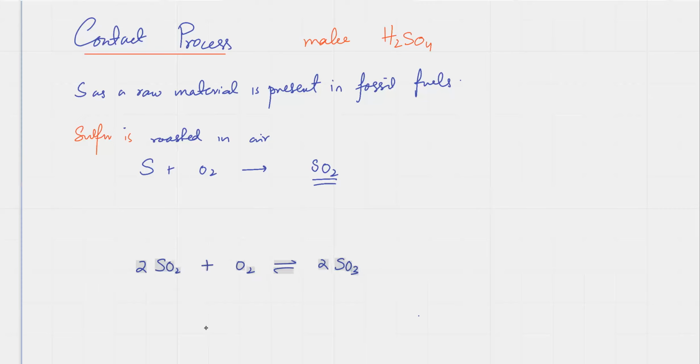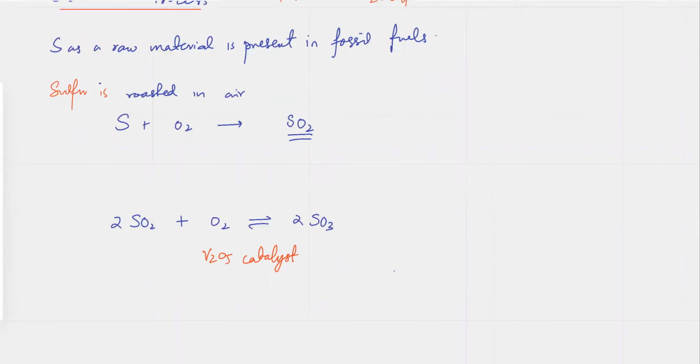You need a few things for this reaction to happen. A V2O5 catalyst is required. The reaction has really high activation energy, so you need high temperatures. 450 degrees centigrade is the temperature that's used. All of this you have to remember.